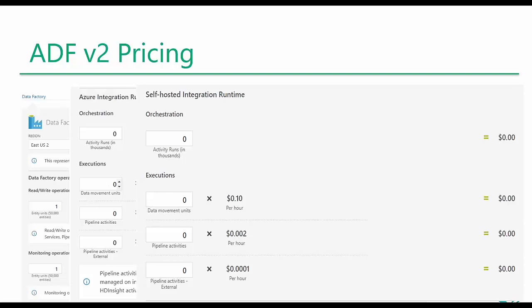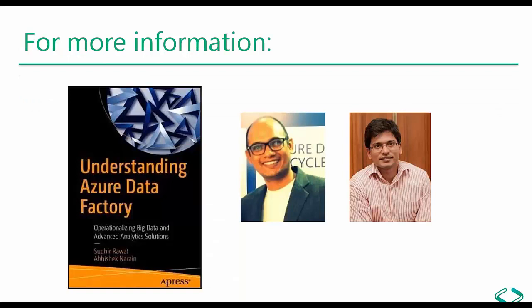Like I said, it's a really low number. You should not get affected by these numbers. These numbers should not dissuade you from moving into ADF. If you need any more information on using Azure Data Factory, obviously you can always contact me.